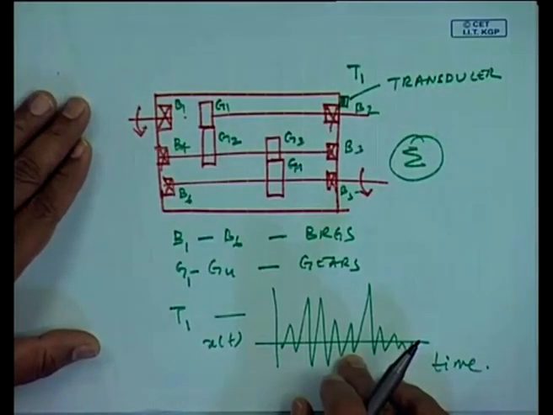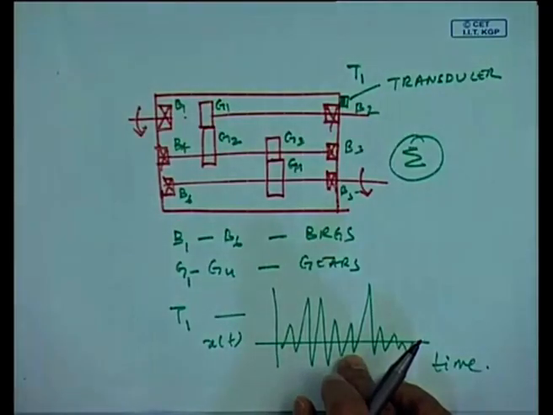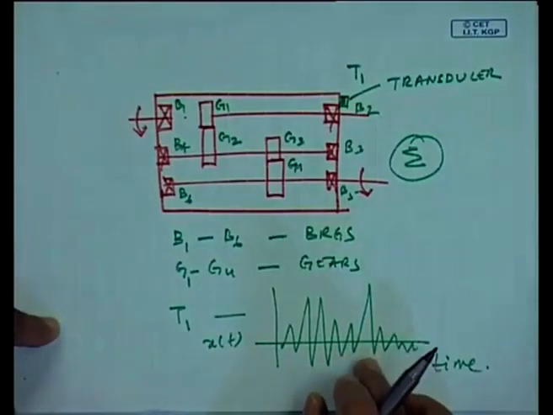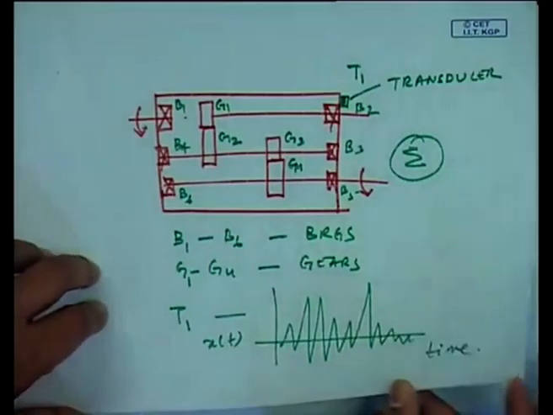I am not interested in the carrier frequency or the rotational speed. I am interested to know whether my defects, which show up as modulated signals, as that envelope, can be detected in the signal. So, envelope analysis is a very, very powerful technique for signal processing.